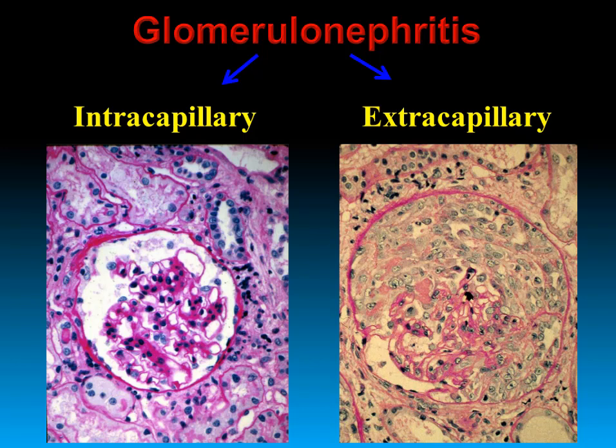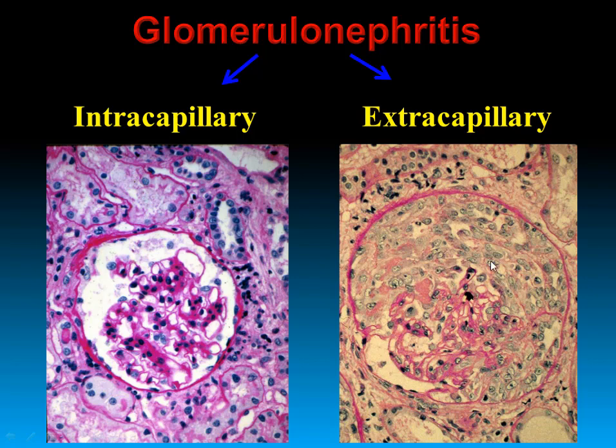According to extent, glomerulonephritis can be divided into intracapillary and extracapillary. In the intracapillary variant, the damage is located only within the capillary loops, inside the capillary lumens or in the mesangial space between capillary lumens.